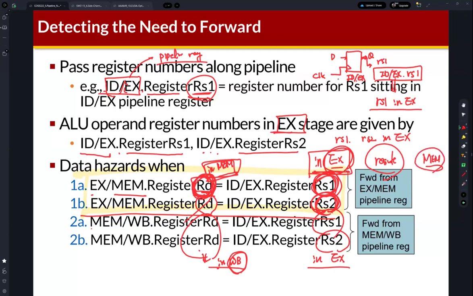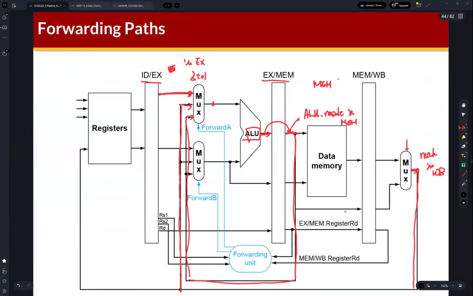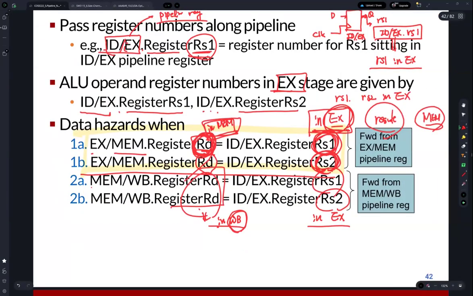So this is the output of this EX/MEM pipeline register, the result in memory. And if this condition is met, that the RD in write back is equal to the RS1 and RS2 in EX, which means we need to forward the data in write back.